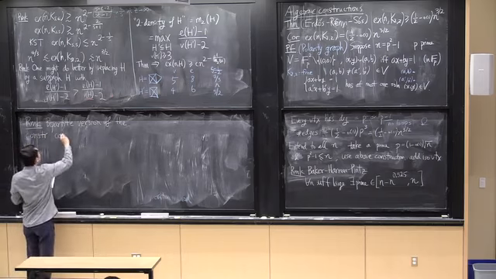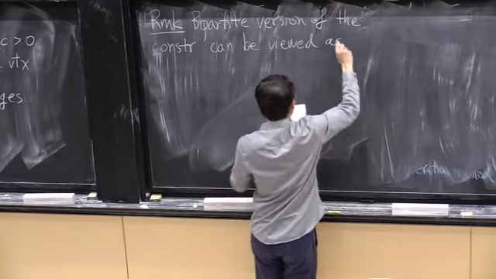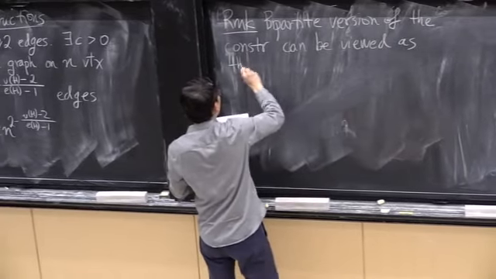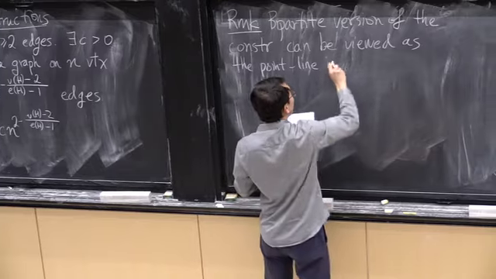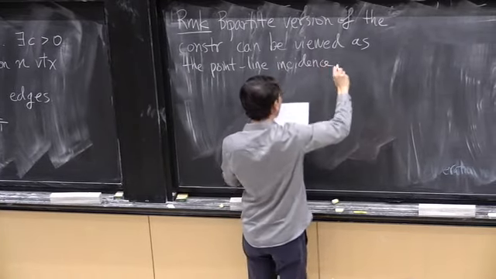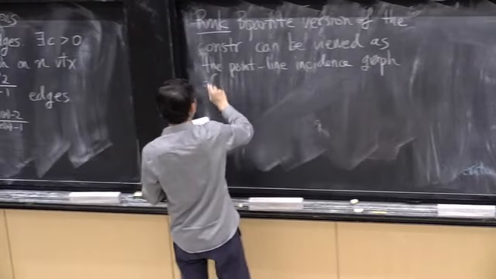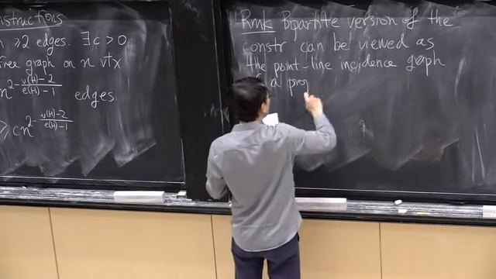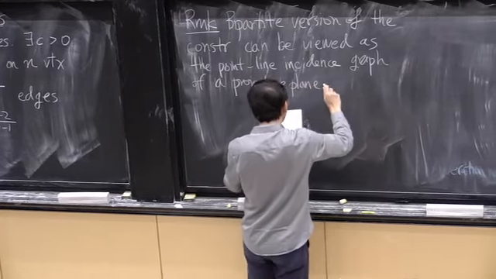It can be viewed as the point-line incidence graph of a projective plane over a finite field.